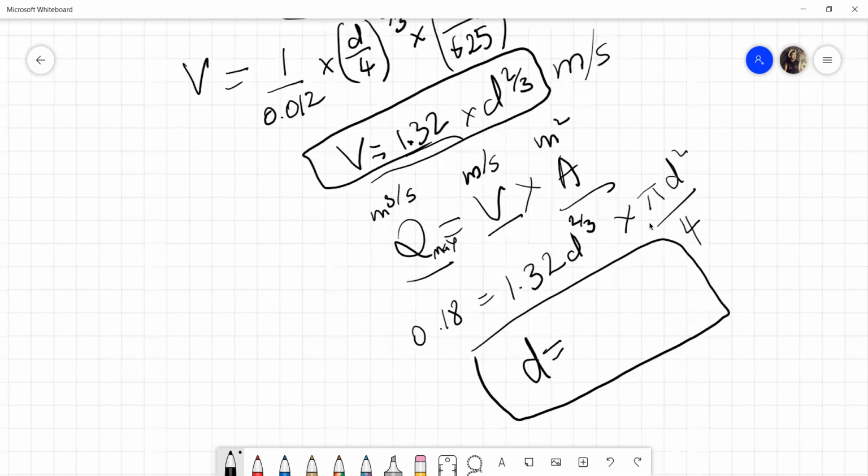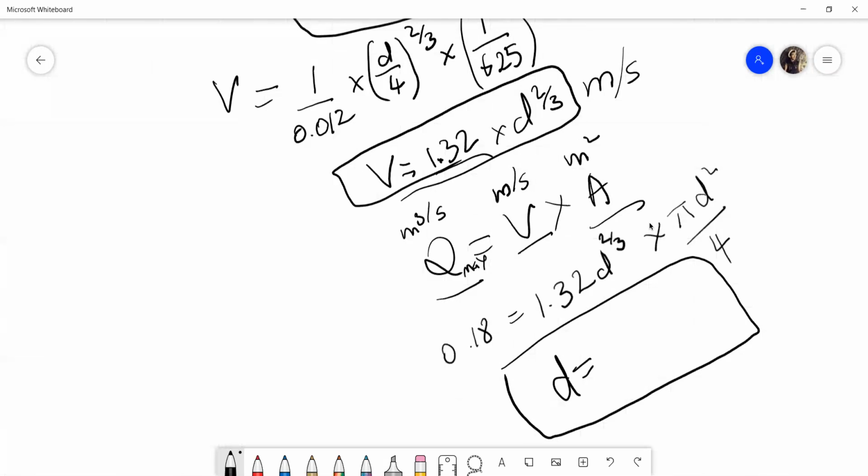Find out the value of D. Yes, so what is the value of D? Tell me.